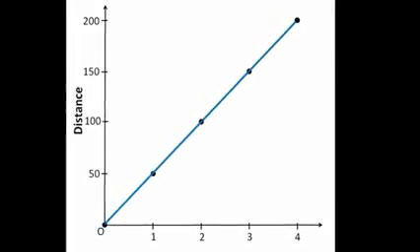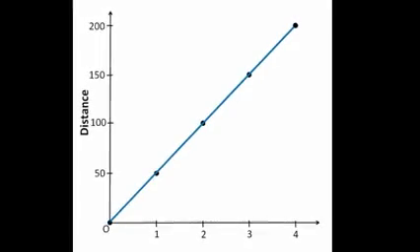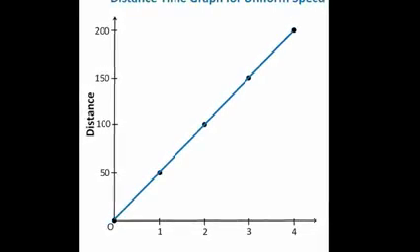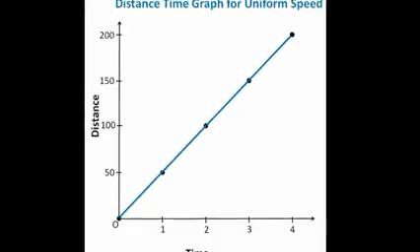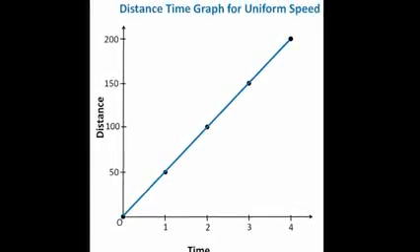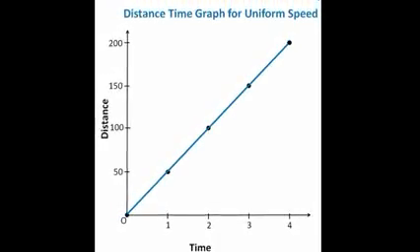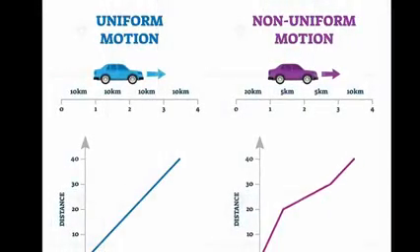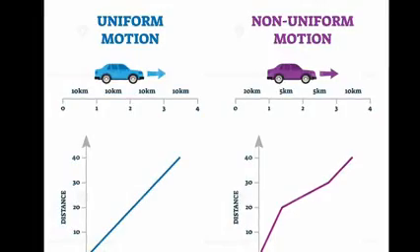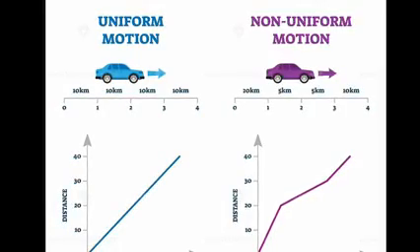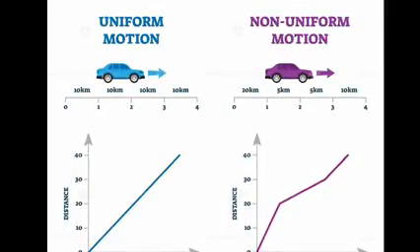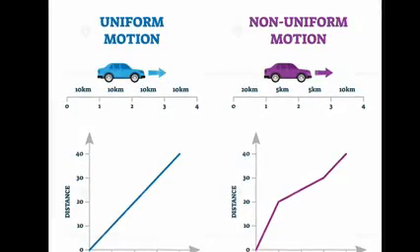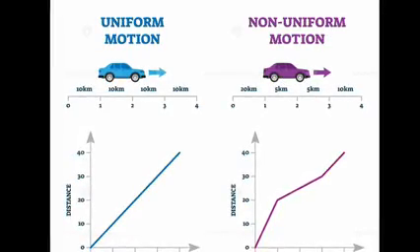Dear ones, if the object moves with uniform speed, the slope will be like this if we draw a graph between distance and time. Look at this picture. In uniform motion, the car covers the equal distance in equal interval of time. So the first graph is like this.